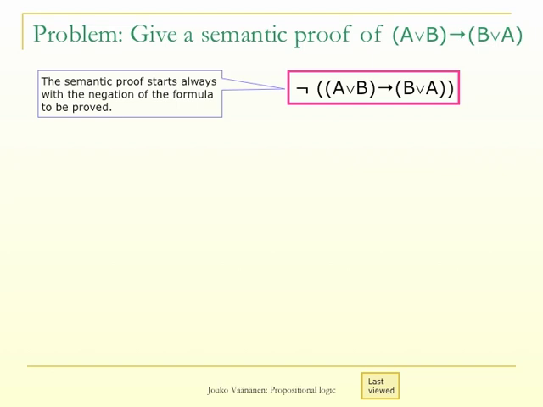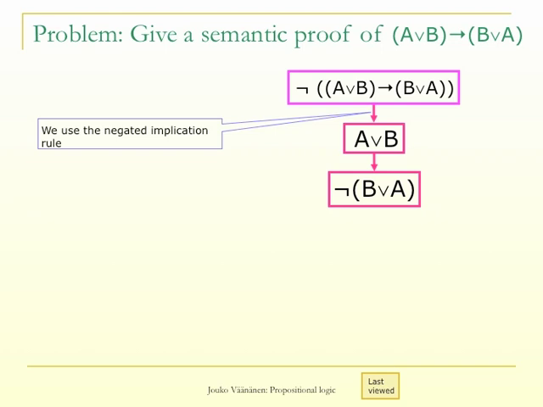So in this case it is the formula ¬((A ∨ B) → (B ∨ A)) twice. And we apply the implication rule to this. So implication is false means that the hypothesis is true and the conclusion is false.